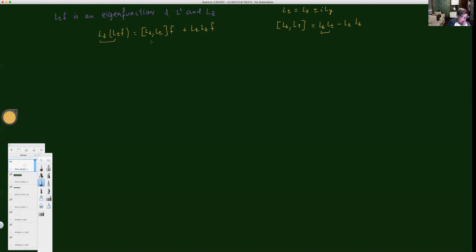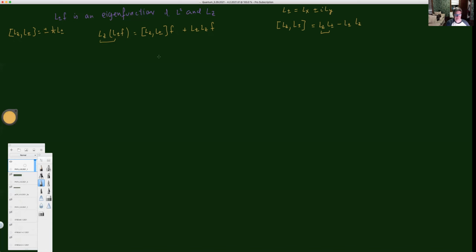Okay. All right. So now we know the commutator. We just derived this exact commutator, right? So let's remind ourselves that LZ commutated with L plus minus was plus minus H bar L plus minus, right?